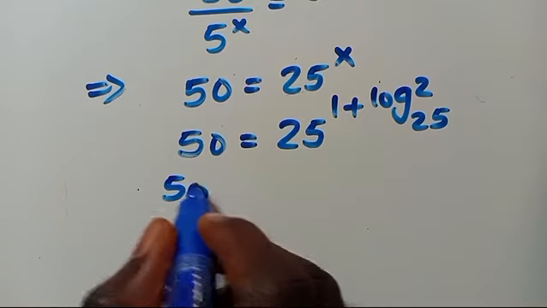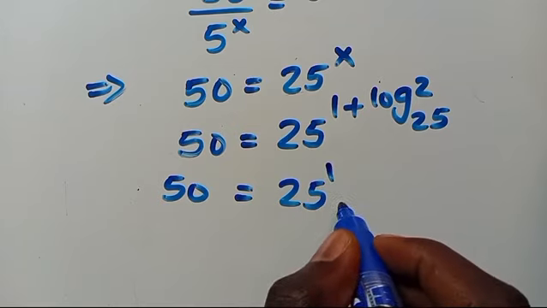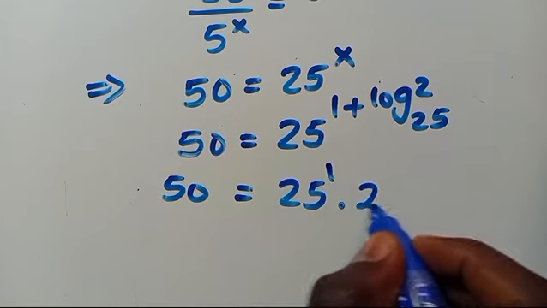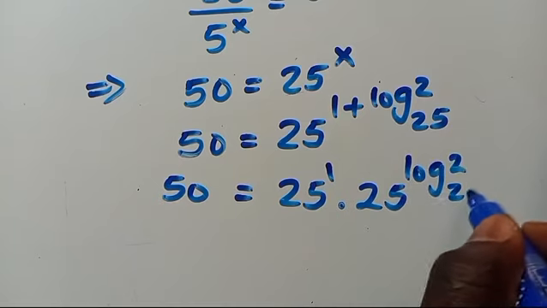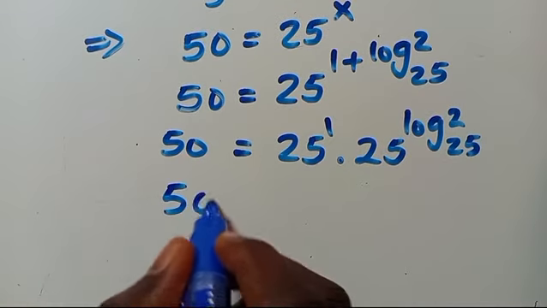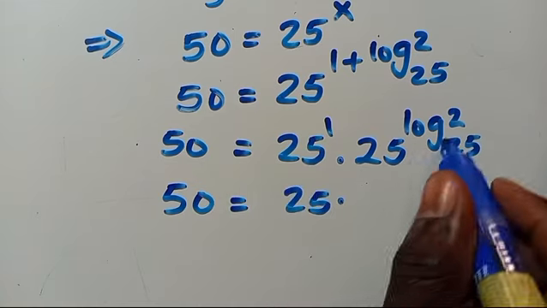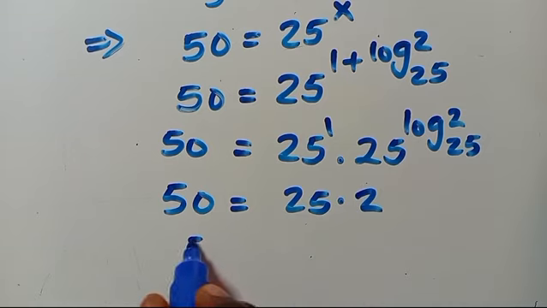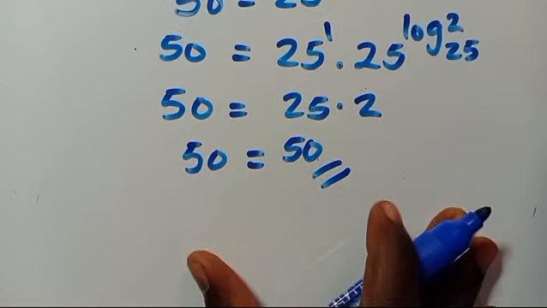We have 50 equals 25 to the power of 1 times 25 to the power of log 2 in base 25. This 25 and this 25 are the same. This will be 2. So we have 50 equals 50. So the left hand side equals the right hand side.